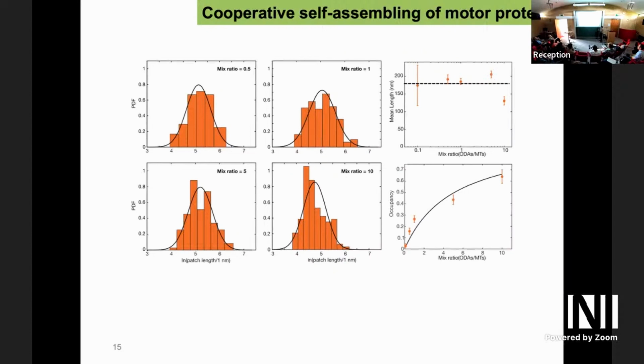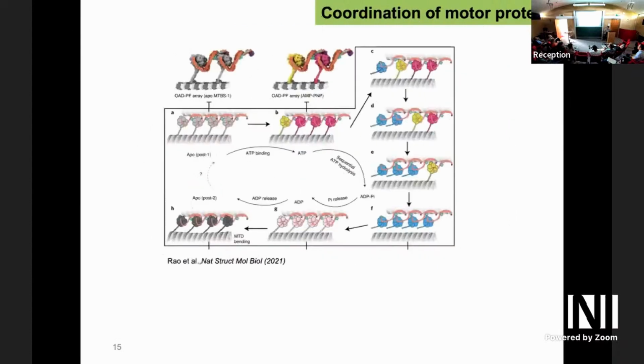There is a characteristic length, but this is a very interesting aspect that needs to be investigated further. Maybe one of the reasons why they have this kind of array arrangement is that the group of Joe Howard found that when you have the dynein, they interact in the array in a way that one activates the follow-up.